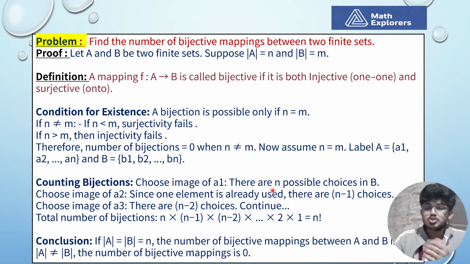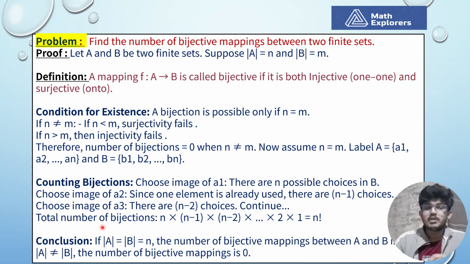कोई भी एक चूज होने के बाद आर स्टार कितना ऑप्शन रहता है? अगर A1 का इमेज B1 हो रहा है तो A2 का चॉइस होगा n माइनस वन क्योंकि वन एलिमेंट इज ऑलरेडी यूज्ड. सो देयर आर n माइनस वन चॉइस. कंटिन्यू दिस प्रोसेस फॉर an. देयर आर हाउ मेनी चॉइस? देयर आर ओनली वन चॉइस.